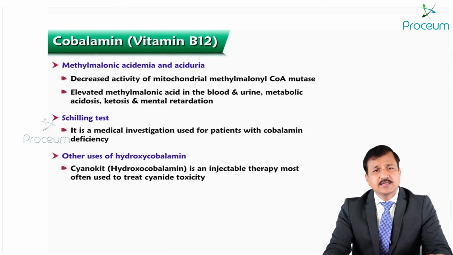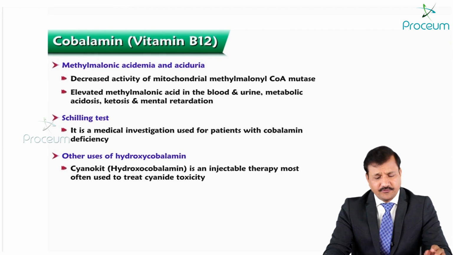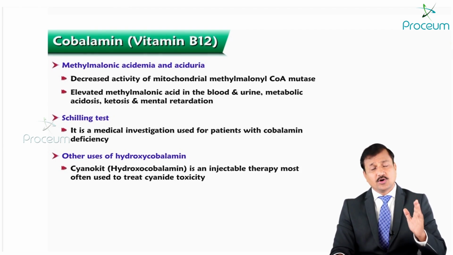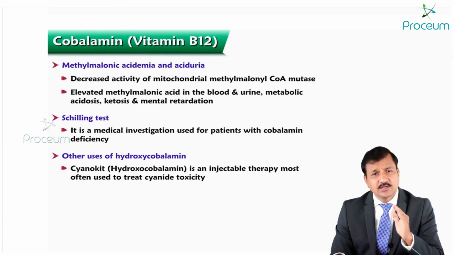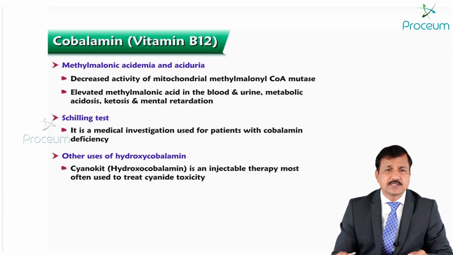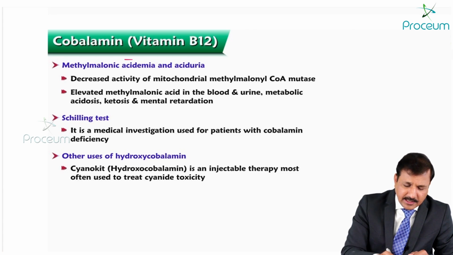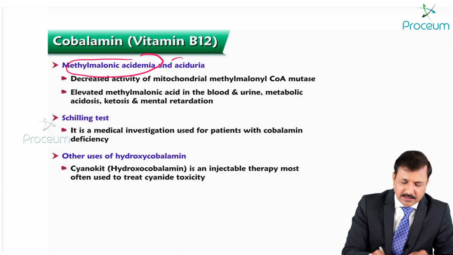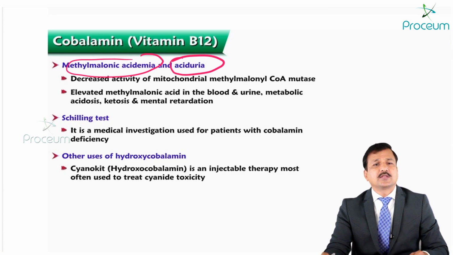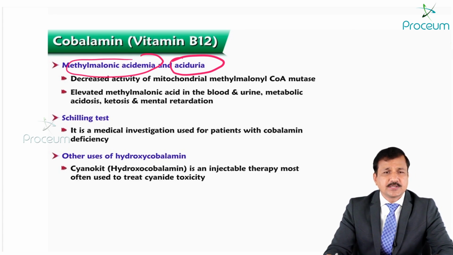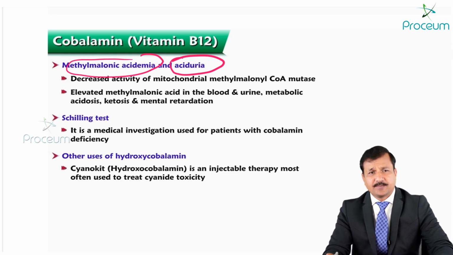Now the other finding that we see in cobalamin deficiency, along with megaloblastic anemia and neurodegeneration. So the third thing that you see in cobalamin deficiency is methylmalonic acidemia or methylmalonic aciduria. That means excess presence of methylmalonic acid in the blood and in the urine. Why does this happen?